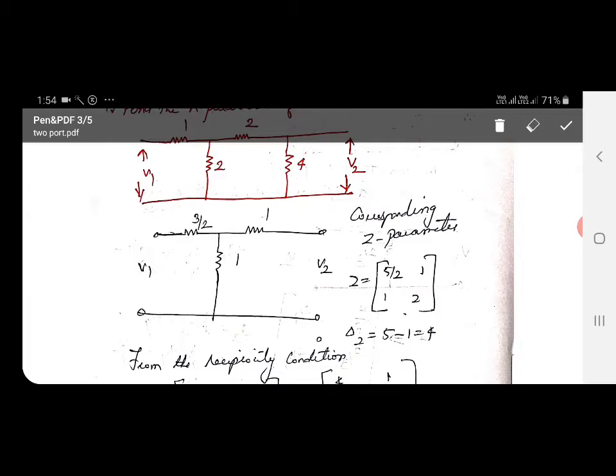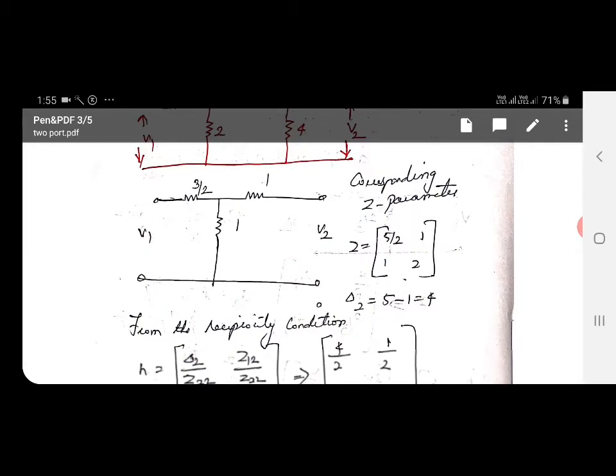That is nothing but the pi to Y transformation. From this T network we can obtain the Z parameter matrix.